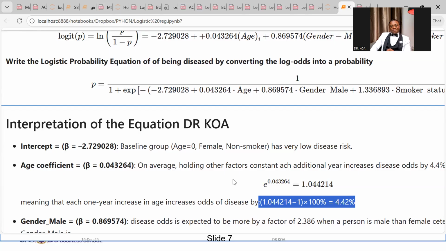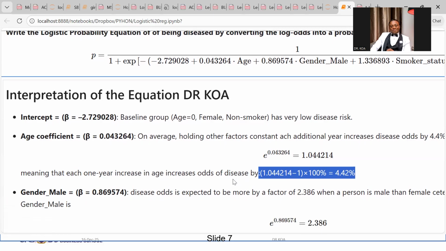So learn to interpret the coefficient. It's not the same as multiple regression. It focuses on the odds of the dependent variable, the success variable, happening.